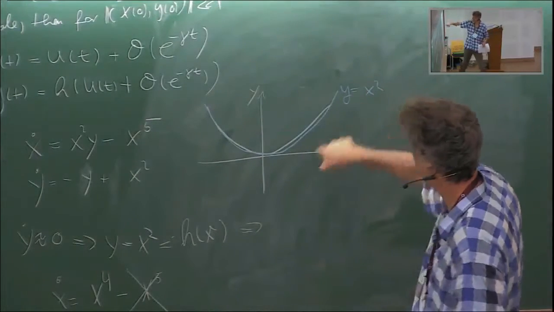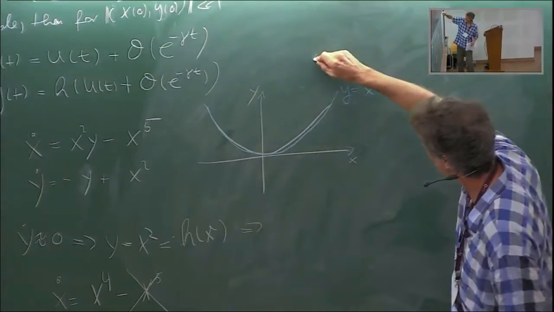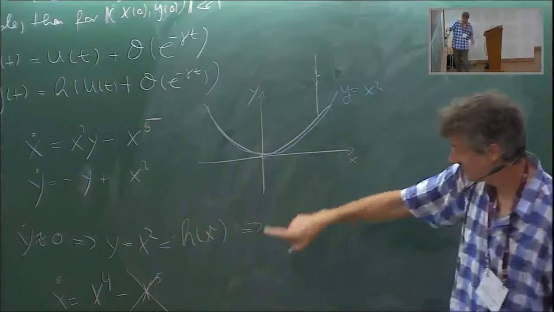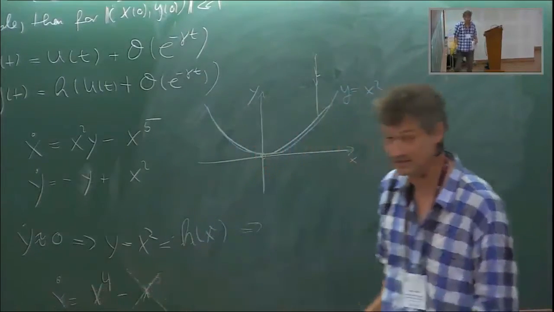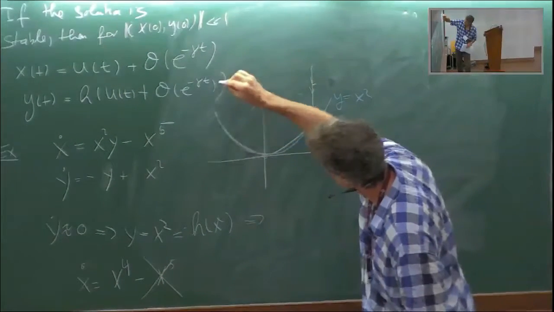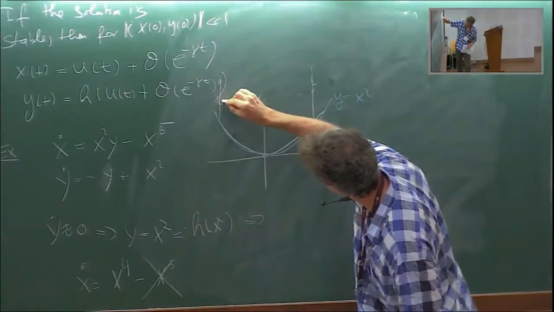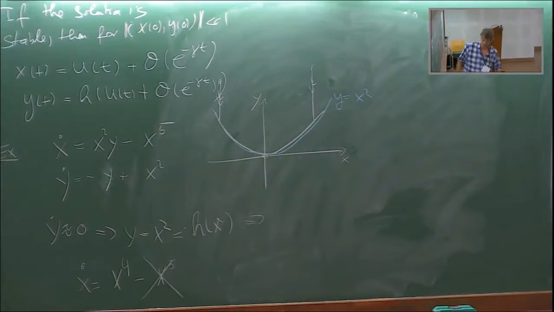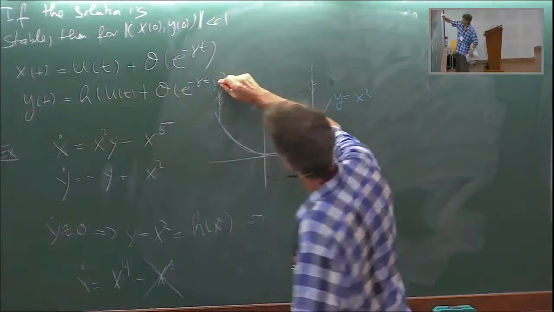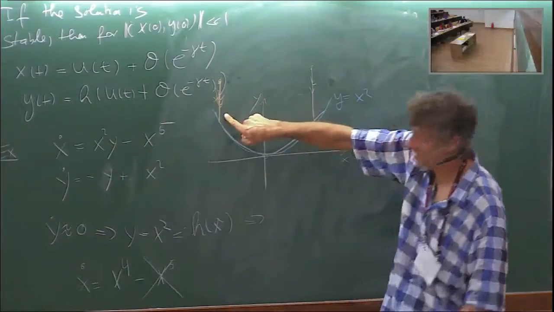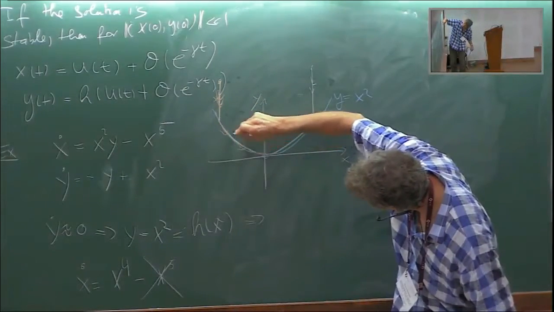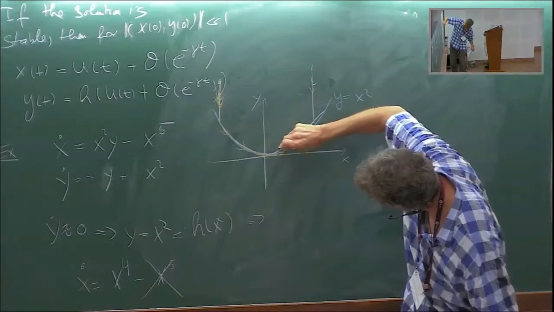So this is a center manifold. We're interested in the stability now. If you ask for the stability, x dot is x to the 4. So if we start here, we contract quickly down to the center manifold, and then we have a slow drift, going through the fixed point.